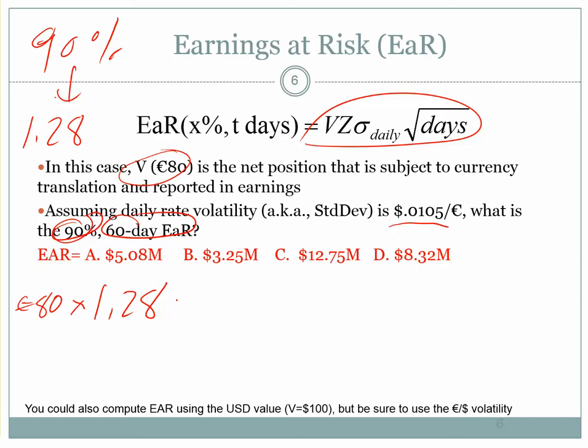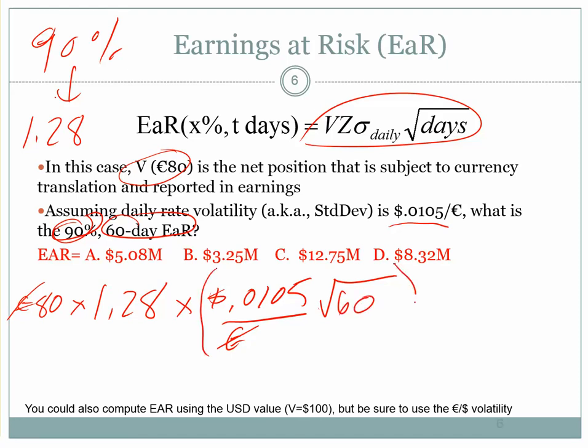My daily standard deviation of 1.05 per euro. Here's where my euros cancel out. And we're going to scale the standard deviation by the square root of 60. Now this term here, what effectively it does, it gives you the 60-day standard deviation. This number turns out to be 8.3.